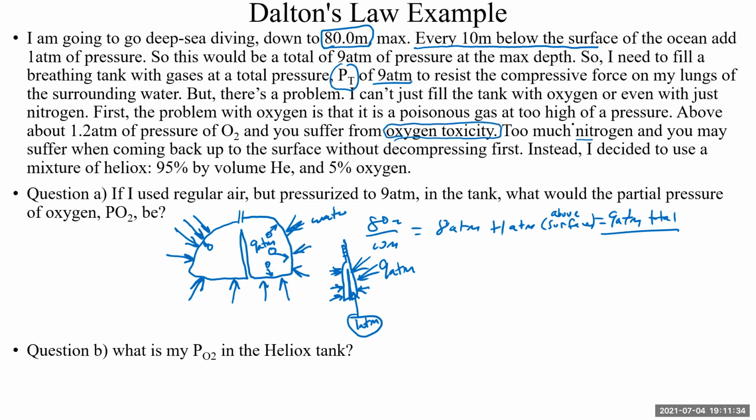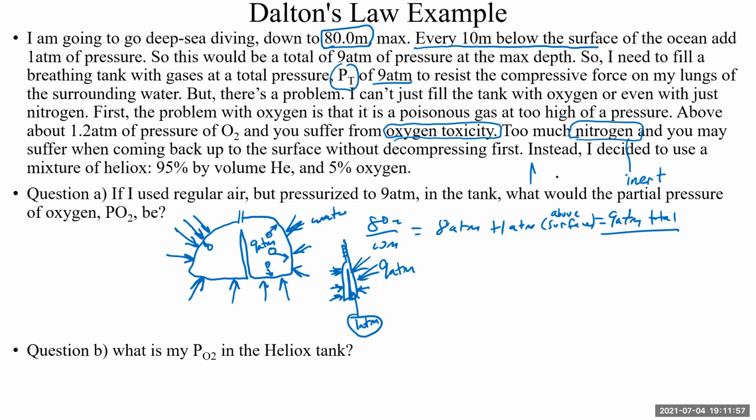Now, there's also a problem with nitrogen. Nitrogen is a relatively inert gas, so it doesn't really react with your body's tissues. However, nitrogen has its own problems. It's a diatomic molecule, which we've talked about.